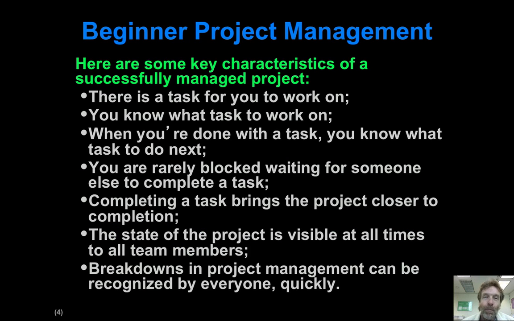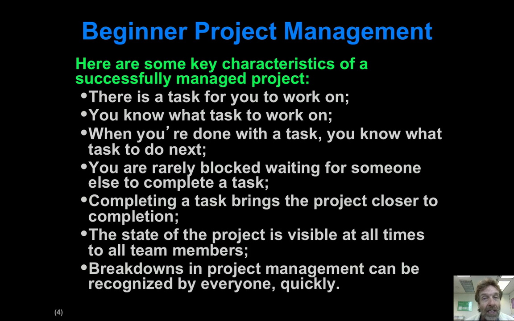So what I'm going to do is boil it down to some key principles which I don't think are very controversial. Okay? If the project is going well and you have N people on the project, then I'm going to claim that for every person in the project, if the project's being managed well, there is a task for you to work on at all times.